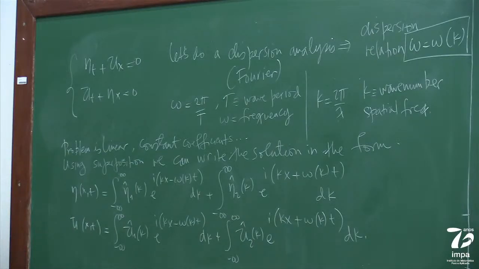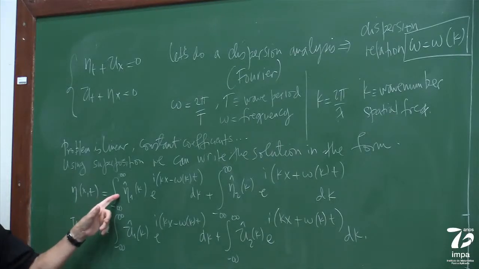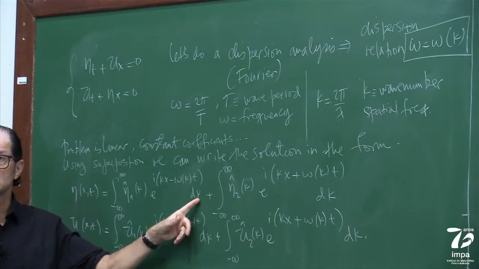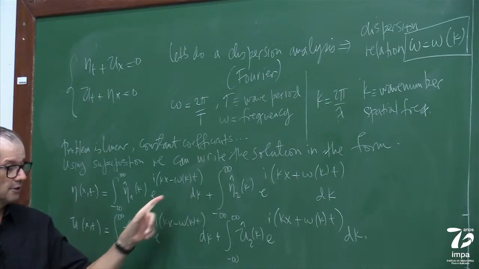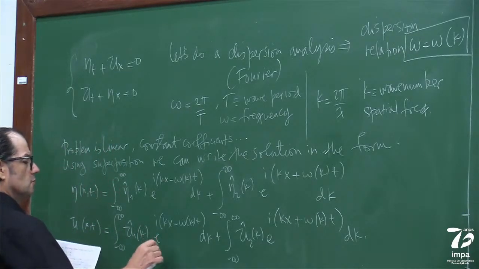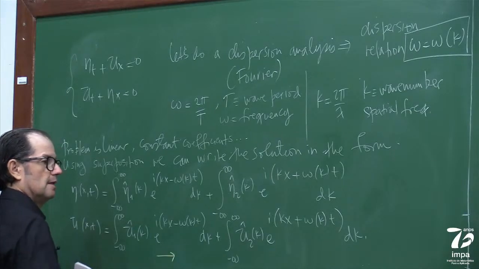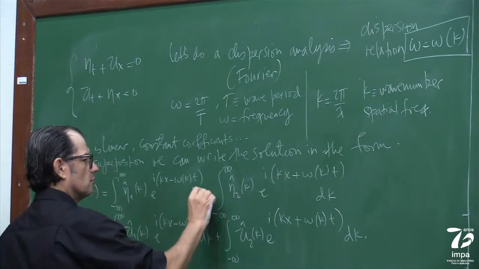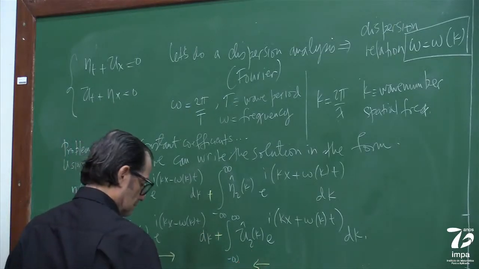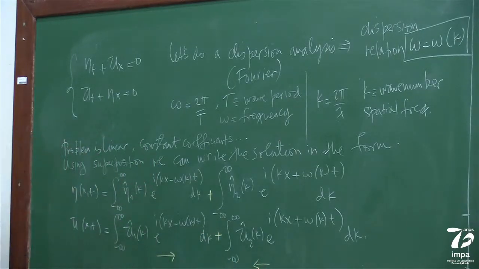Okay, so what have I done here? I'm basically using Fourier transform to represent my solutions. So I'm summing over all spatial frequencies. This one is a right propagating mode. And these ones here, after the plus, are left propagating modes.